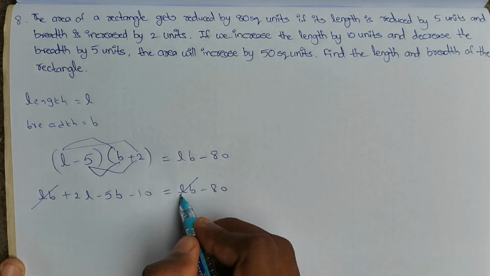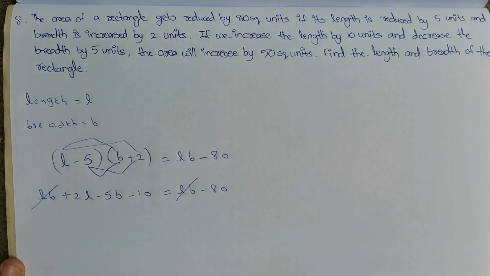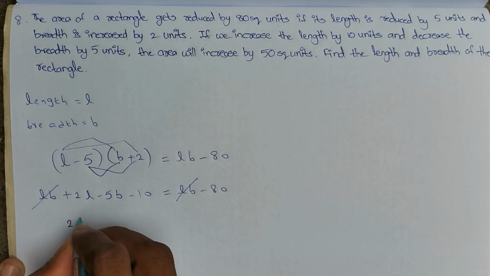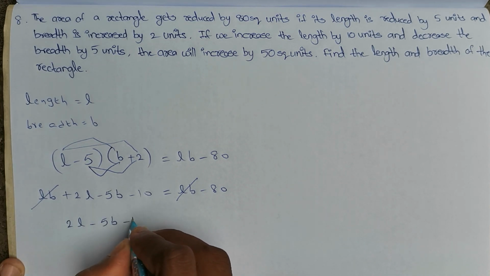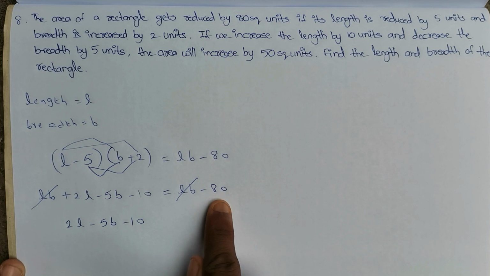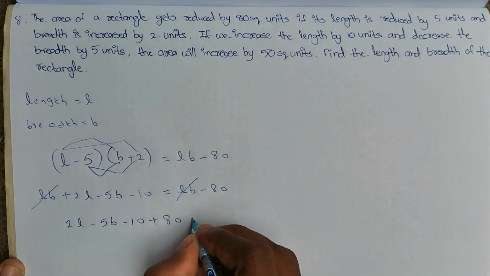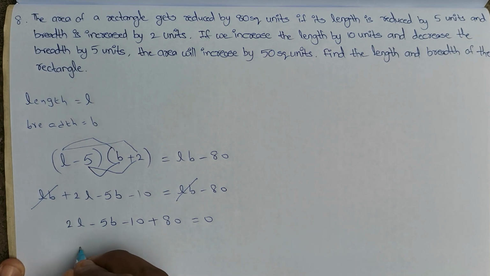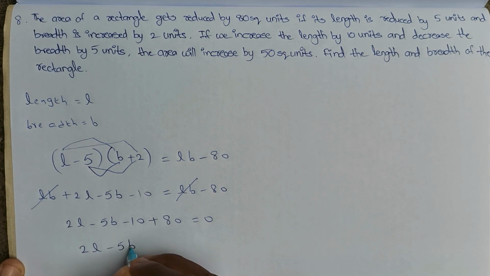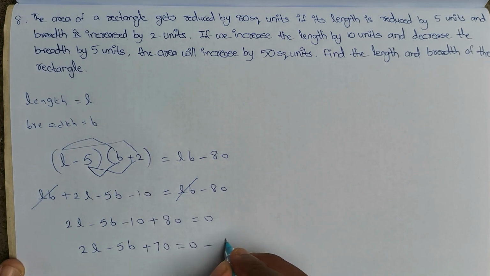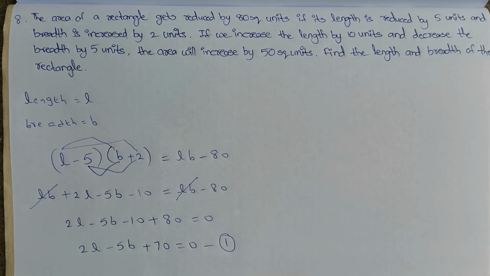Here left side LB, right side LB both will get cancelled. So we remain with 2L minus 5B minus 10. This minus 80 I am bringing to the left side. So we will get plus 80 is equals to 0. So 2L minus 5B, here minus 10 plus 80, plus 70 is equals to 0. This is equation 1.